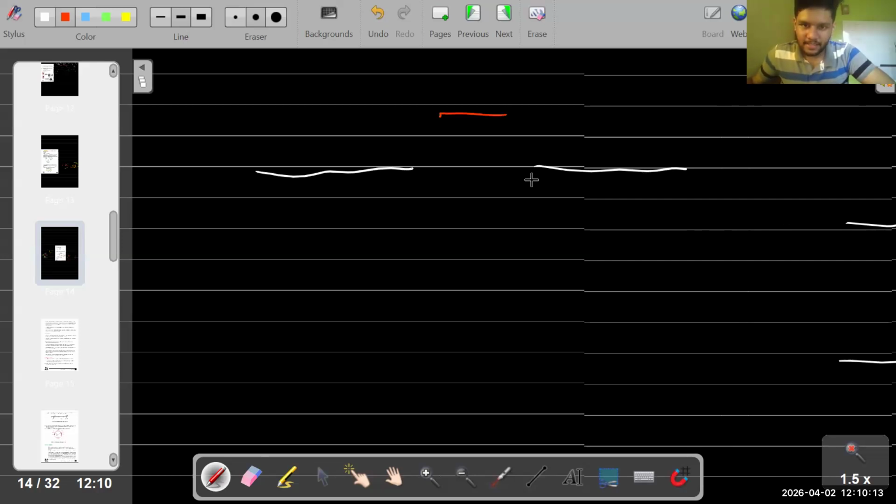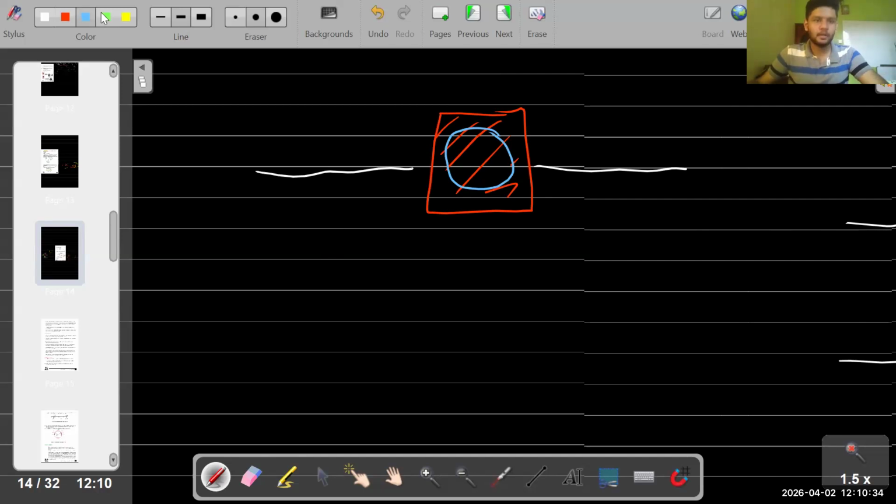Now the agrobacterium comes. This is the plant structure which it aimed for. It is coming here, right? It contains a plasmid. What type of plasmid? Tumor inducing plasmid. Very good, right?